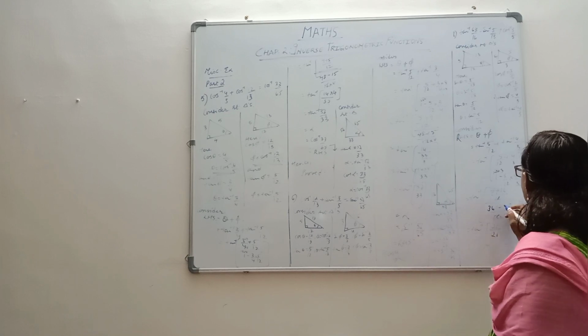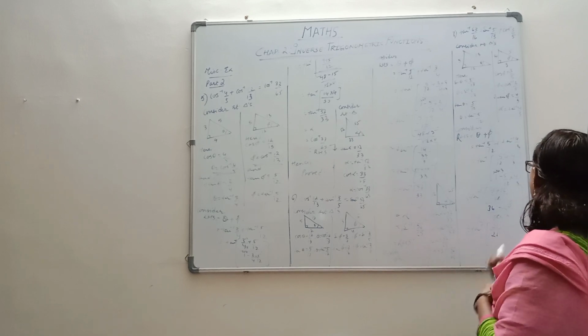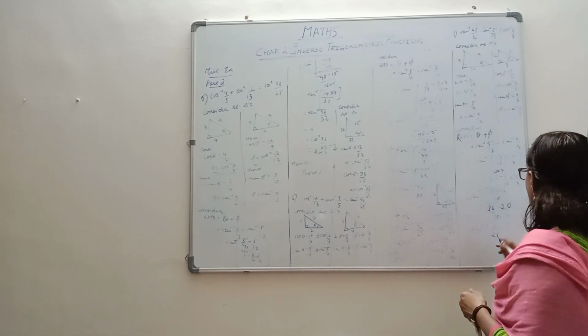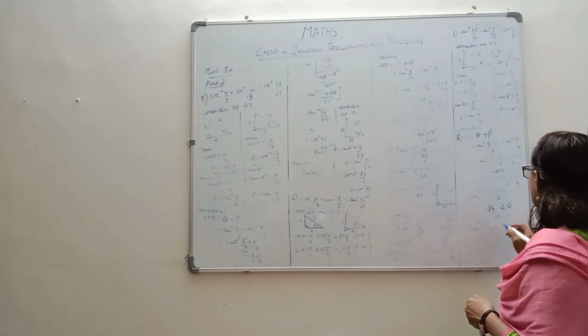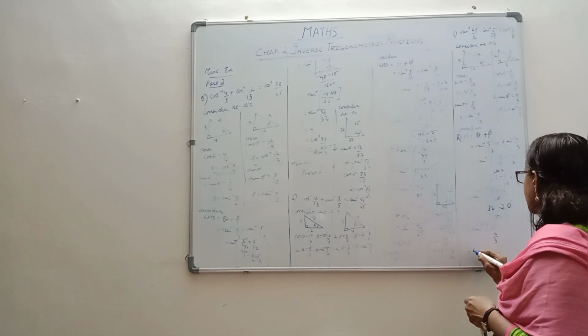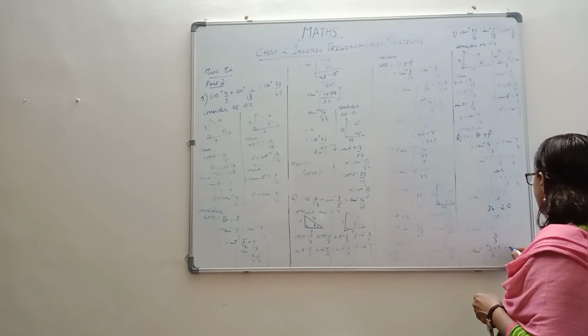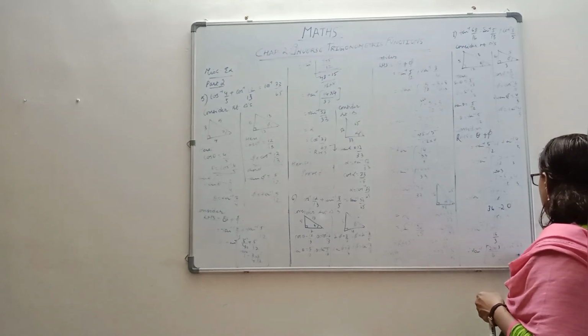This is 20. It's 20. So, 21 by 16 by 3. That's it. Tan inverse of 21 into 3 multiplication by reciprocal. So, that is tan inverse of 63 by 16.